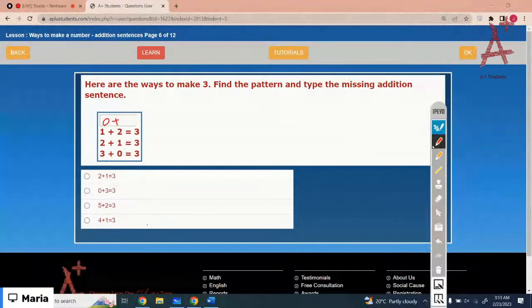So the next one is 3. So 0 plus 3 makes 3. So the correct option is 0 plus 3 makes 3. That would be the second option.